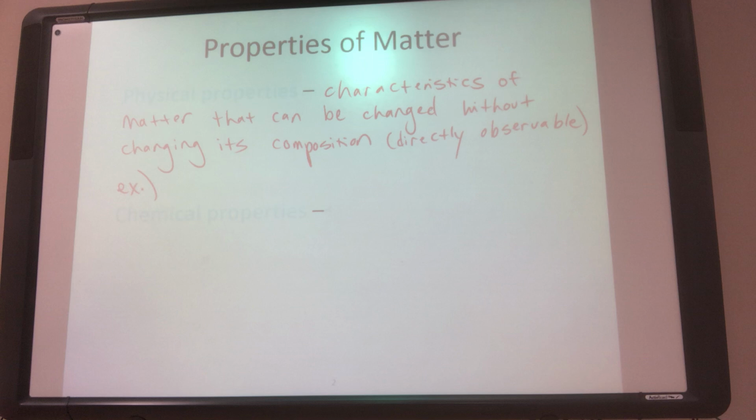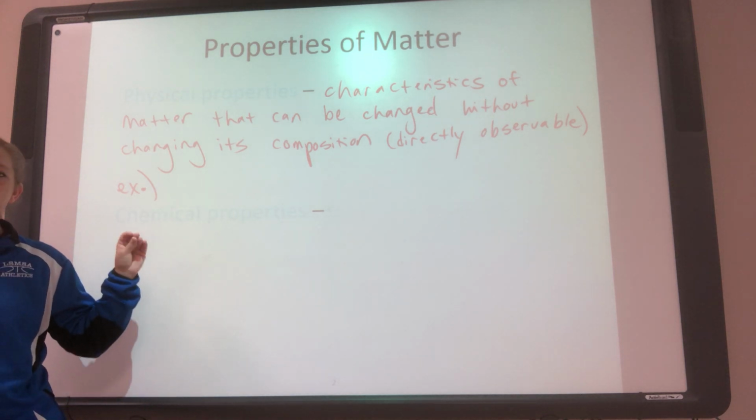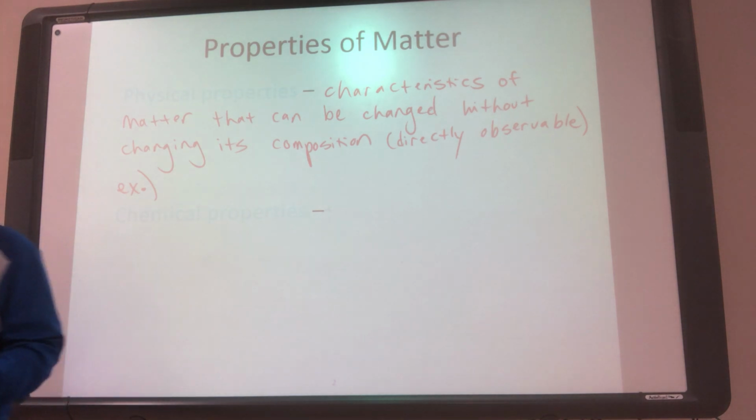So let's think of some examples of things that I can change that doesn't change what it is. What can I do to water that would change something about it but doesn't change it from being water? So I could add some food coloring, you drop it in and it adds flavoring.